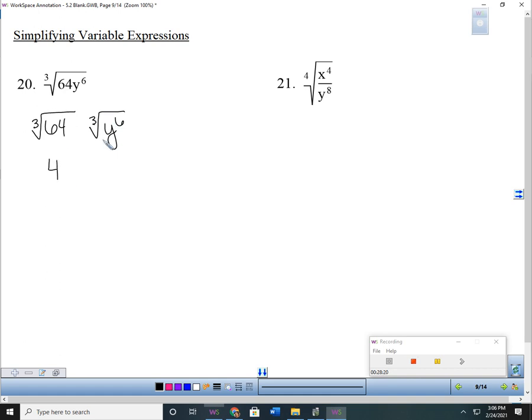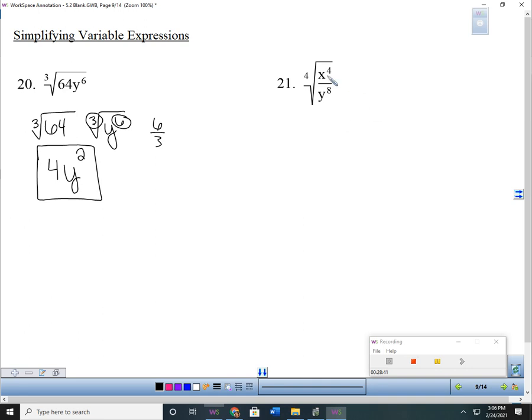And is y to the 6th a perfect cube? Does this number divide by this number? Yes, so it is. That would be y to the 2nd, because you got to take the 6 divided by the 3, right? So they were both perfect cubes. That makes it nice.